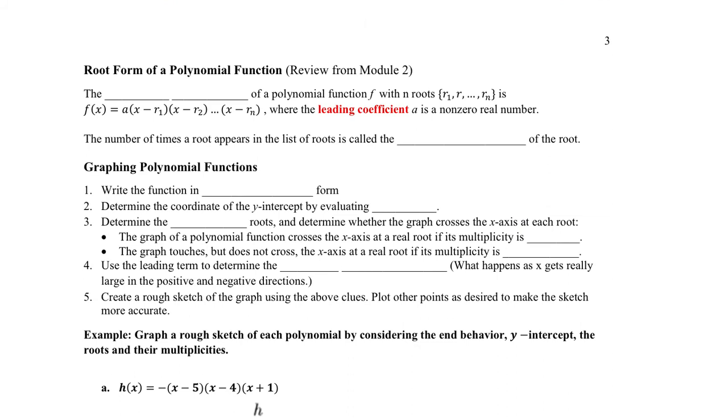So now we're ready to start putting all this information together so that we can graph a polynomial. First, we're going to do a bit of review from Module 2.